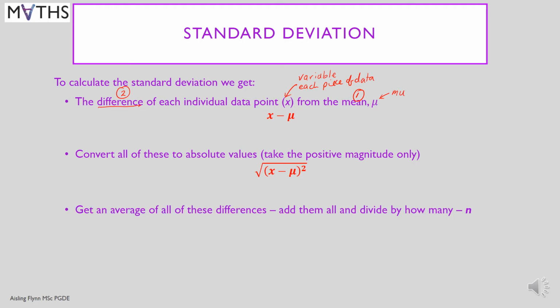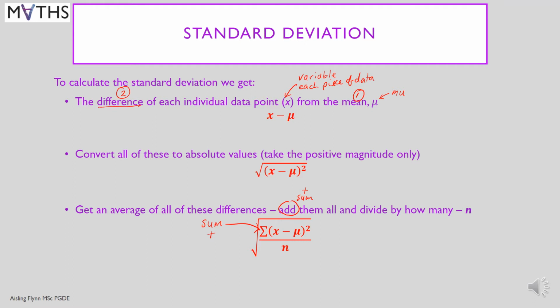What remains then is to get an average of all these differences, that means we add them all together and divide by how many. How many is given the letter N. And this is what we have here. To sum means to add them together, and this Greek letter here, capital sigma, tells me I should sum them.